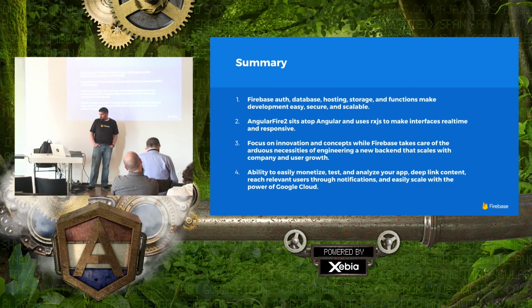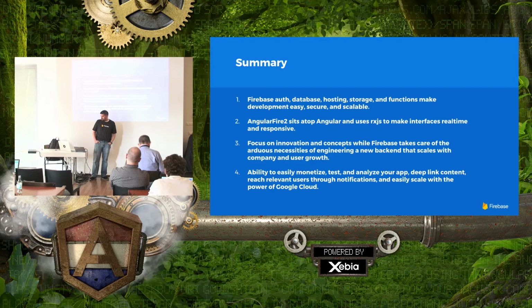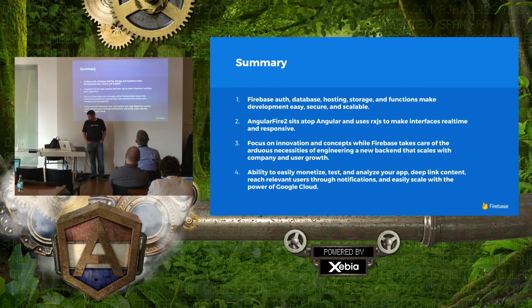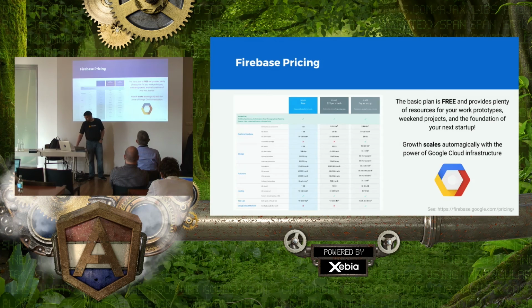And using RxJS, which is all the rage, and love for observables, keeping everything real-time and responsive. Like I said, we want you to focus on innovation, not server maintenance, and some of those headaches. And Firebase allows you to easily monetize, test, and analyze your app, and keep your users happy.